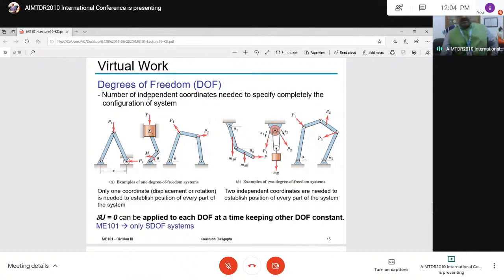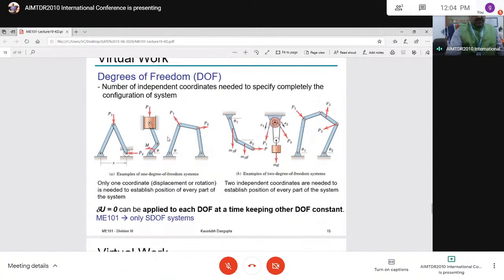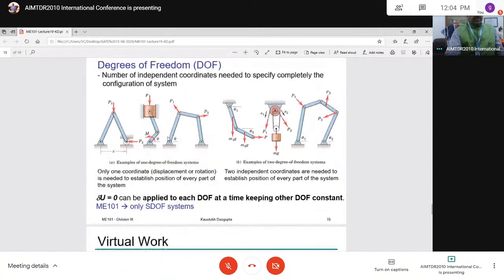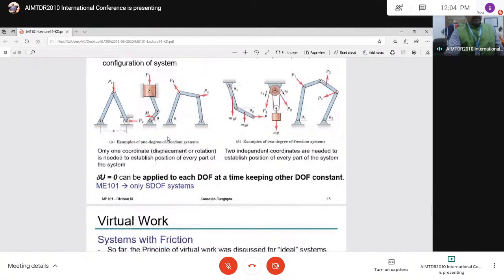Two coordinates are here: translation and rotation. This pulley has rotation as well as translation. This is also rotation and translation. Whereas here, not like that. This is how generally we will consider the system with number of degrees of freedom 2, 3, 4, 5, 6, 7 like that.